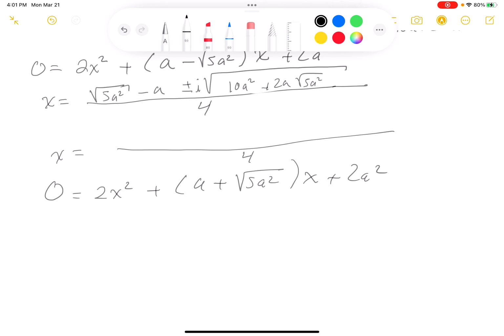Over 4. This will be minus a minus the root of 5a squared plus or minus. Let's see what you're going to get. You're going to get, let's see, a squared and 5a squared, 6a squared, plus 2a root 5a squared. And then you're going to get, what, 4AC, right?